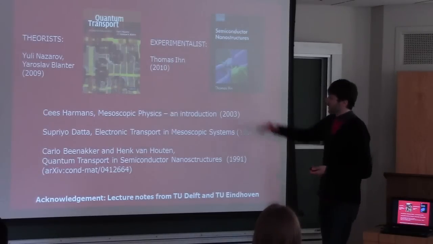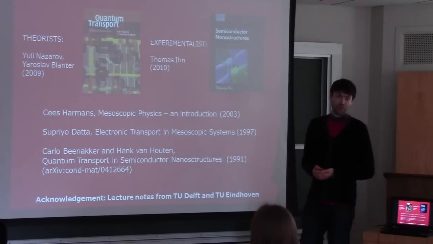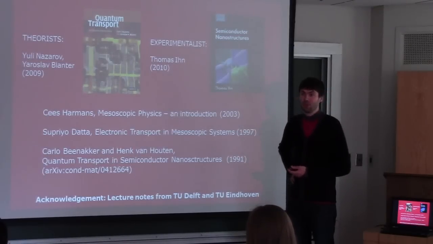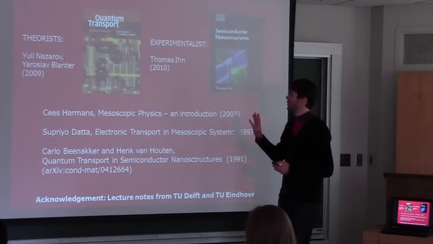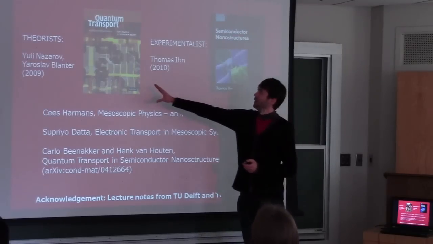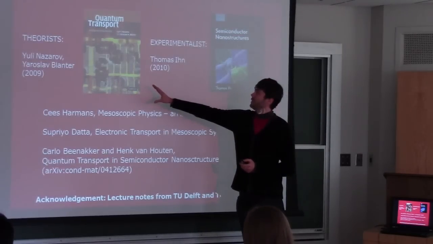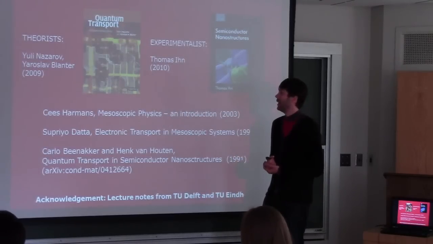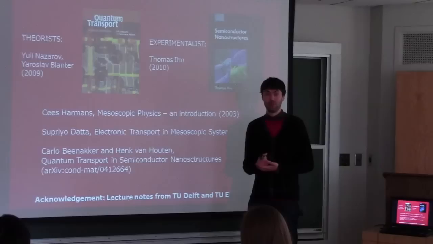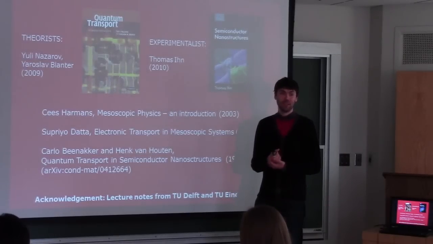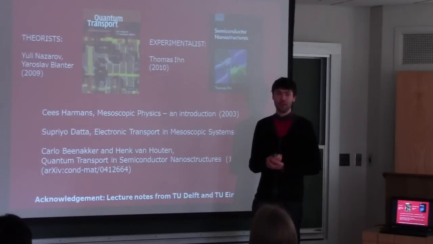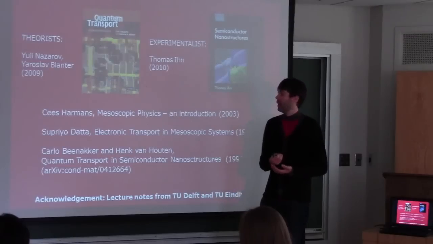I listed them in chronological order. The upper two are the most recent ones, and they also make a very nice set, because this book, Quantum Transport, is written by theorists, and so it has a lot of formalism and equations and a consistent approach. For those of you who are theorists, you might enjoy this book more.